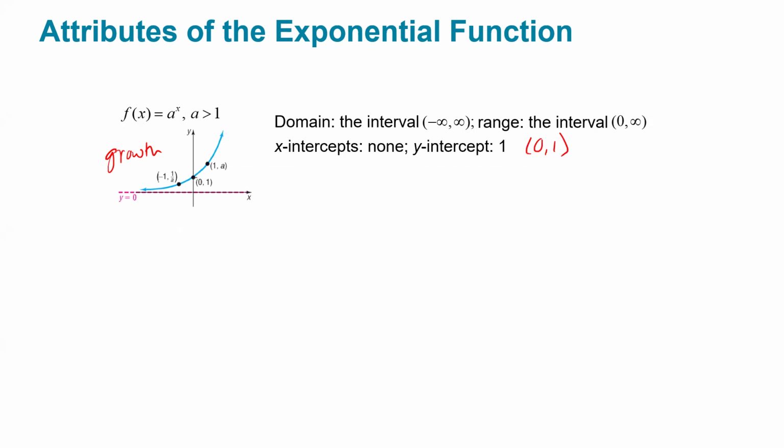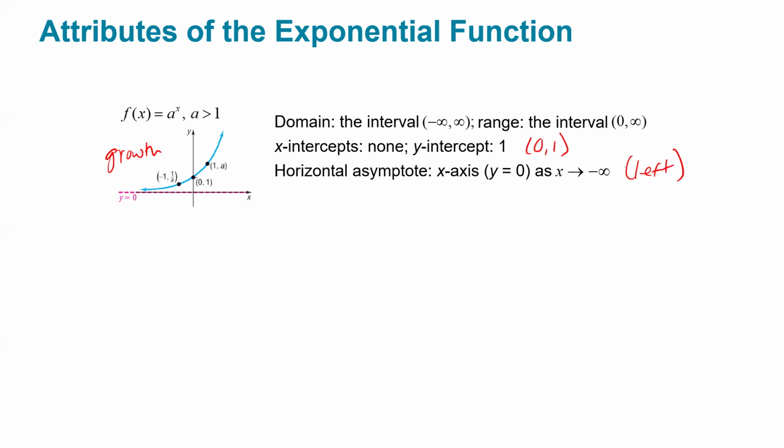Okay. That boundary line is called a horizontal asymptote. Your horizontal asymptote is on the x-axis at y equals 0. Okay. Your function is approaching this as x goes to negative infinity. So as you head to the left of the graph, you can see that it's getting closer and closer and closer to 0.